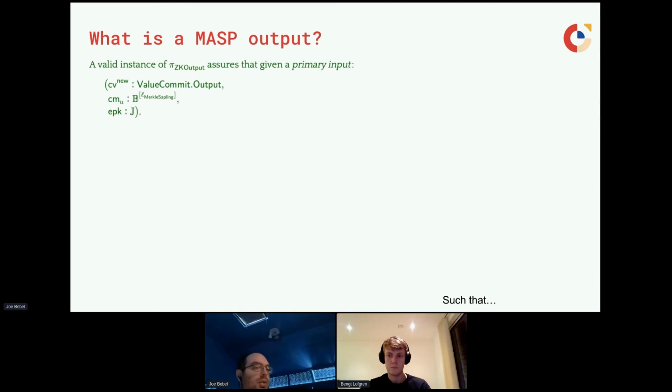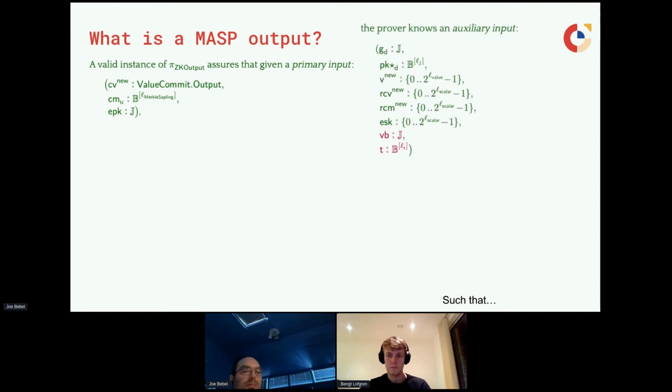So when you create a note, what does the circuit have to check? The circuit has to check the things that it checked in Sapling before, namely you're given some public inputs about the note that you're creating, note commitment and the value commitment and so on.